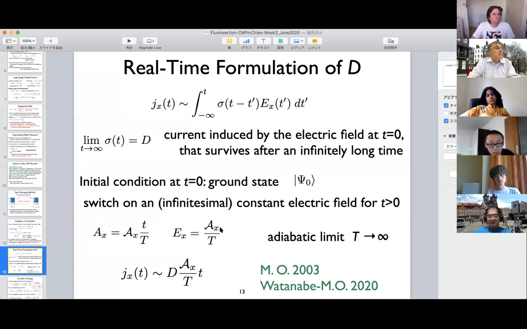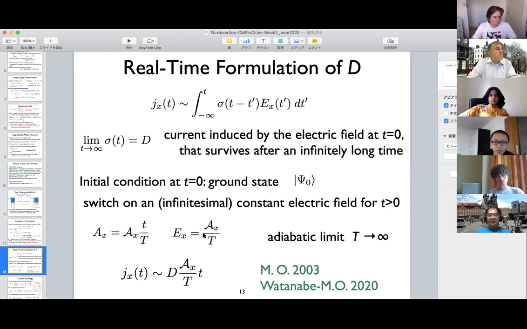When time t is equal to capital T, the vector potential becomes this calligraphic A. In this case, the current responds to this constant electric field.